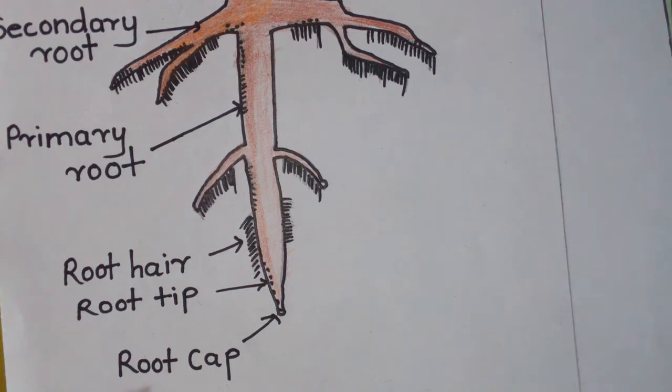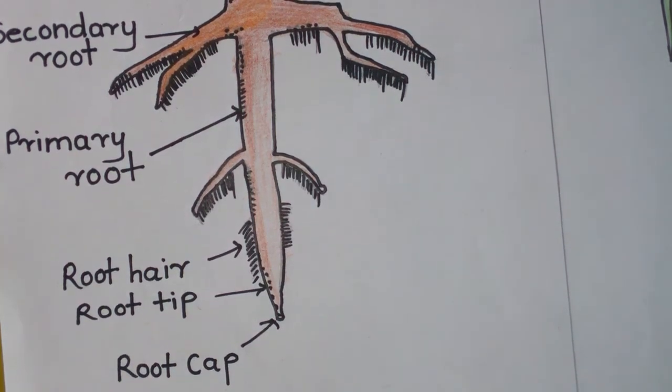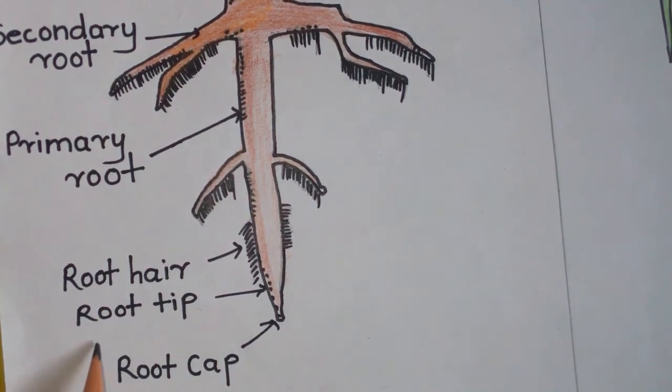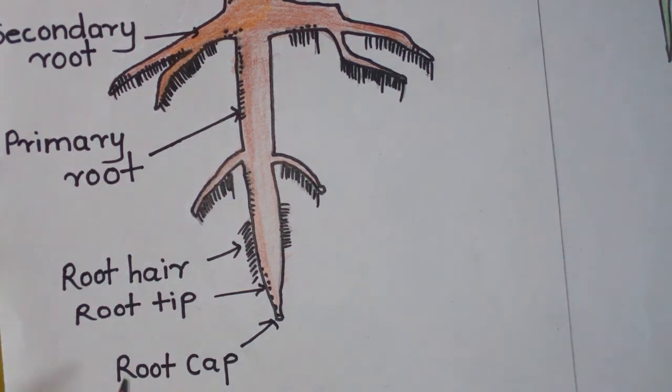Likewise, in summer days we also wear a cap, correct? This cap gives protection from the sunlight to us. Likewise, the root cap gives protection to the root tip. Due to the root cap, the root tip does not become injured, and growth of the plant happens properly, correct?